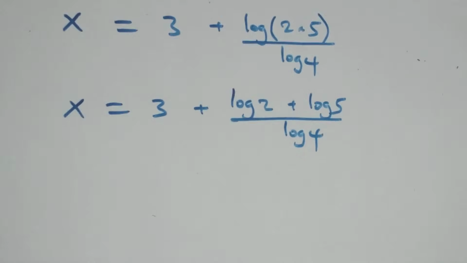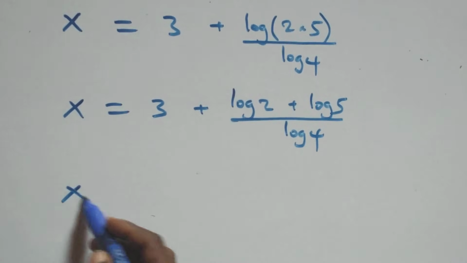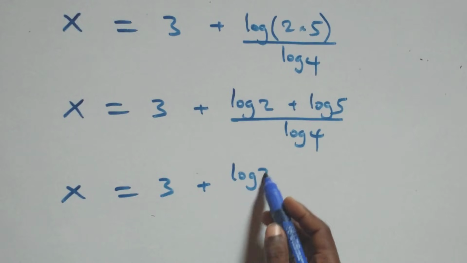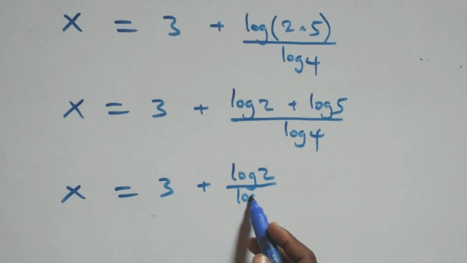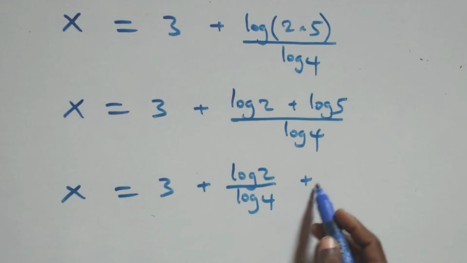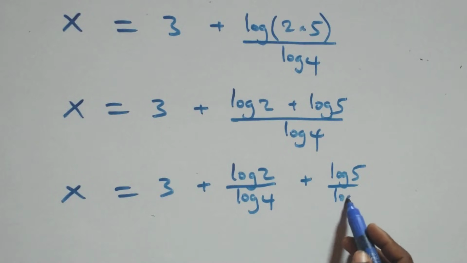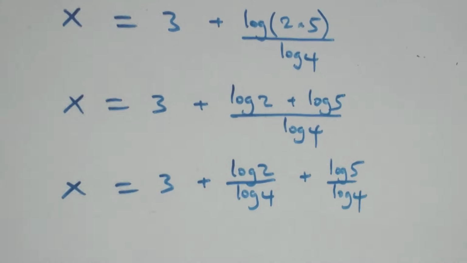Then we separate this into two fractions, and we have x equals 3 plus log 2 over log 4 plus log 5 over log 4.